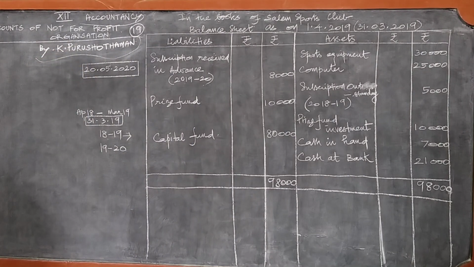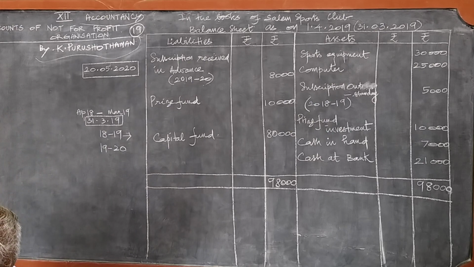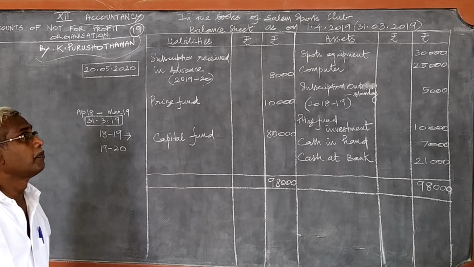Once again I repeat the same. In this problem, we are supposed to find the capital fund. There are three parts of the account under this chapter, and which part should be prepared to find the capital fund? As I said in the beginning of this class, if we prepare the receipts and payment account, we can find the closing cash balance or bank balance or both.